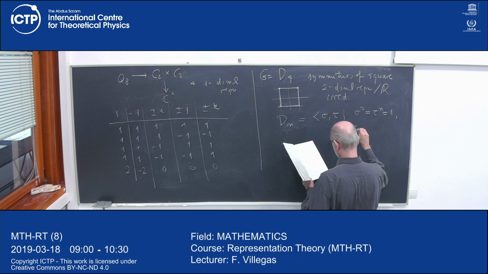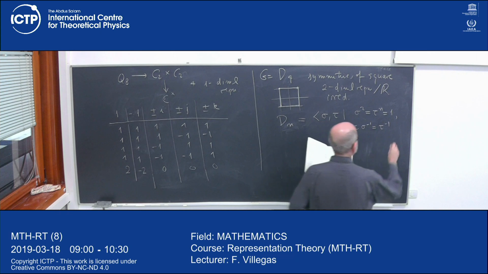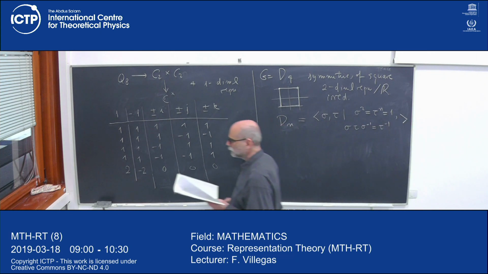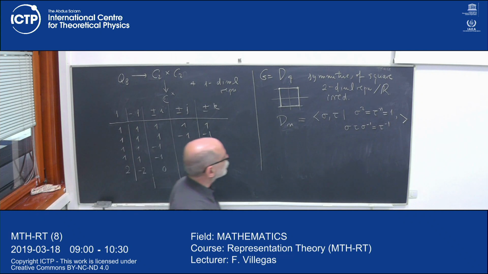These generators satisfy the relation that if you conjugate tau by sigma, then you get tau inverse.